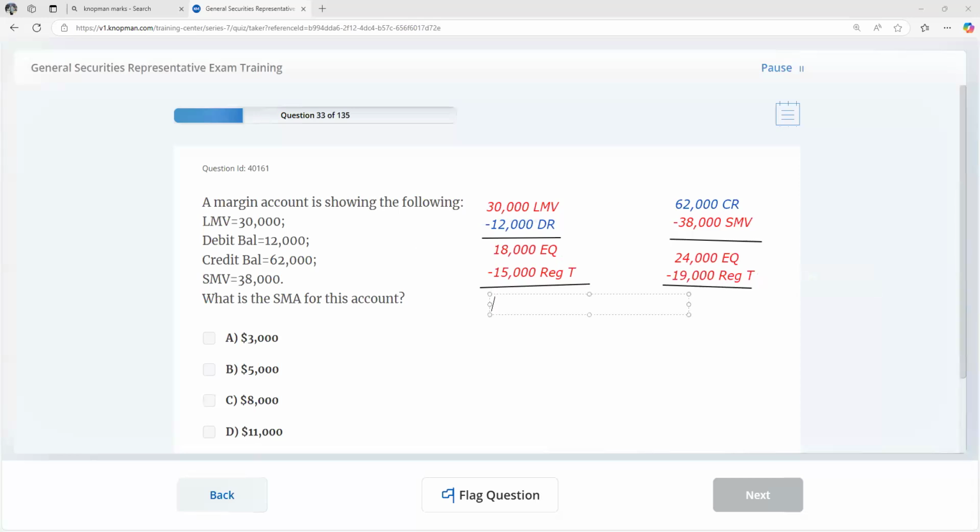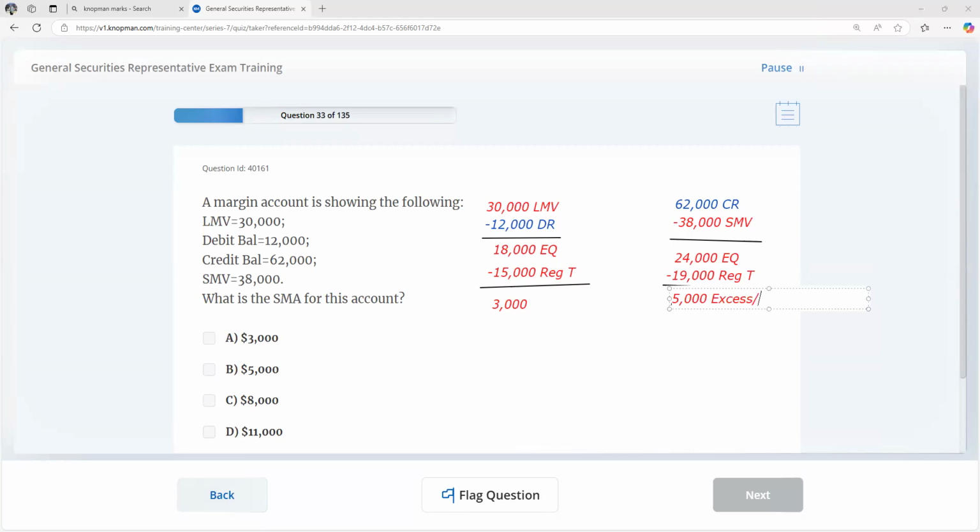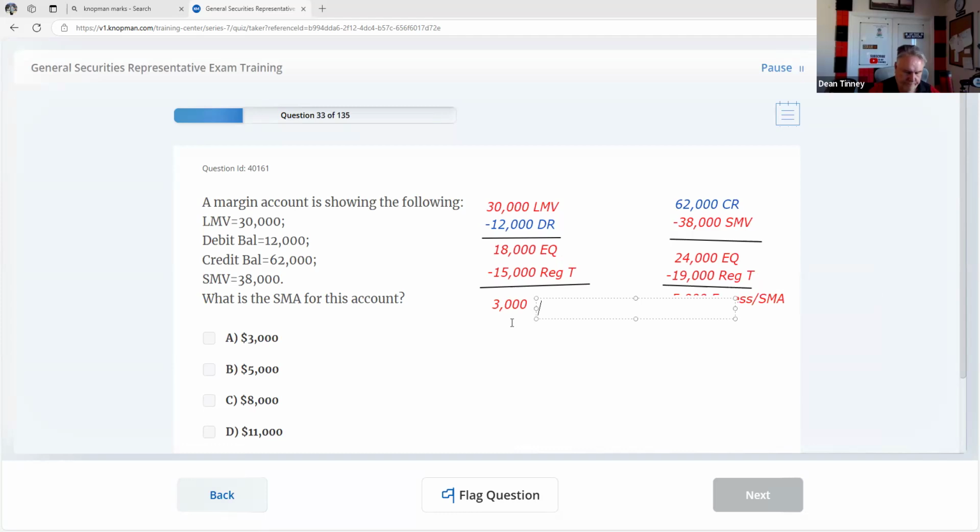I'm feeling like it could be 5, but I'm still solving it. Hold on. Okay, yeah, the key is remember to do our classical margin equation. So I have 3,000 on the long and then 5,000. So 8,000? Yep, that's correct.